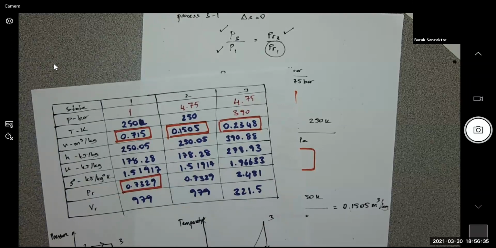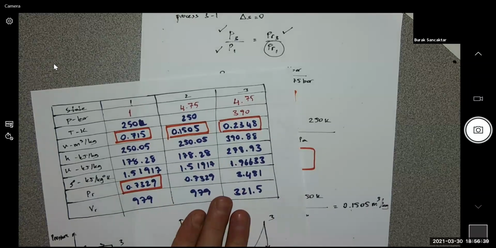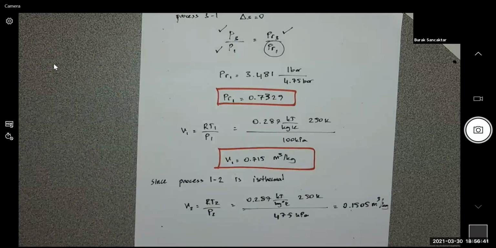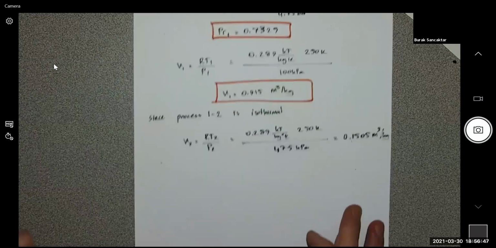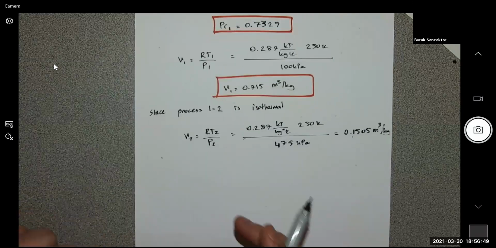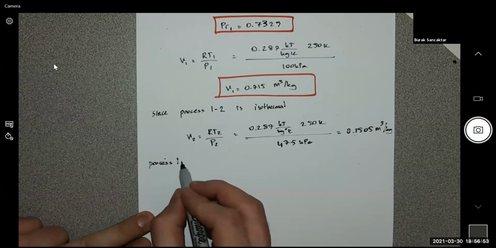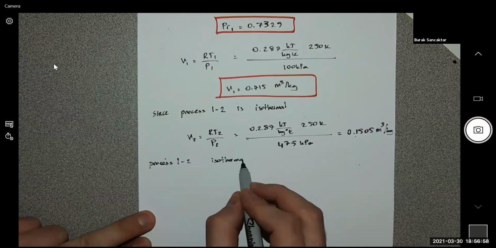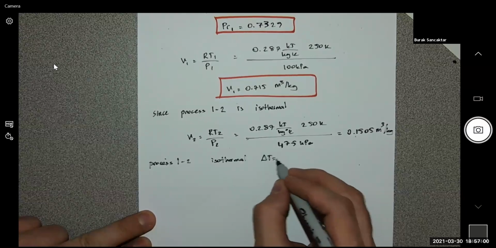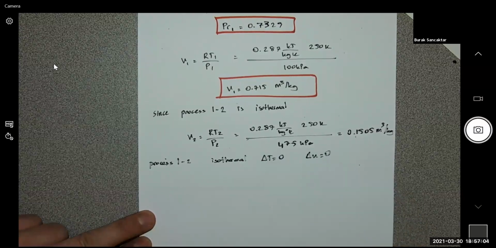Okay. So I completed my table. Now I have everything I need to complete this graph. All right. Let's start from the first process. Process 1 to 2, right? It's an isothermal process, where temperature difference is 0, which means delta U is 0.